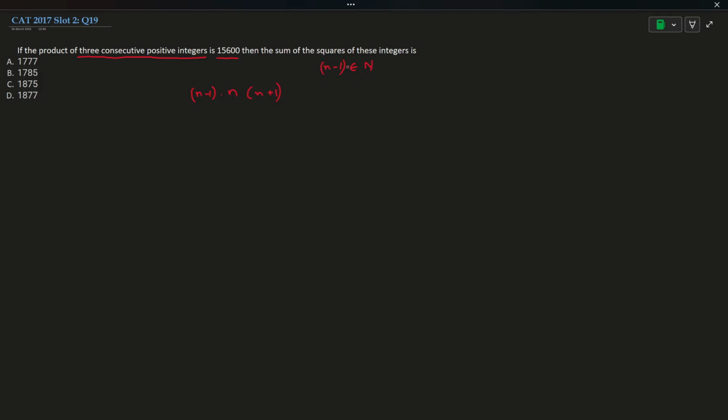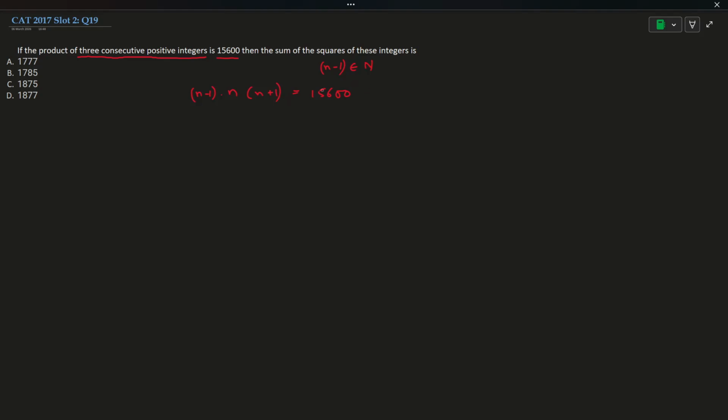If n minus 1 belongs to natural numbers, automatically n and n plus 1 will belong to natural numbers. This is given as 156,000.